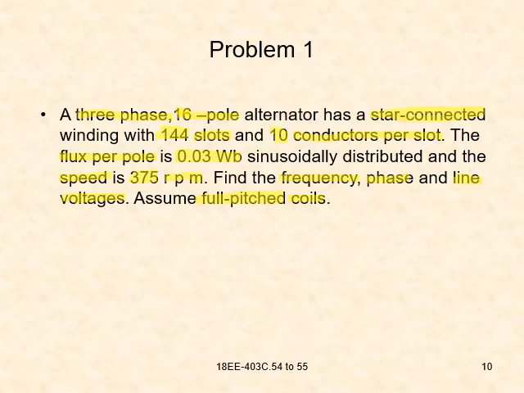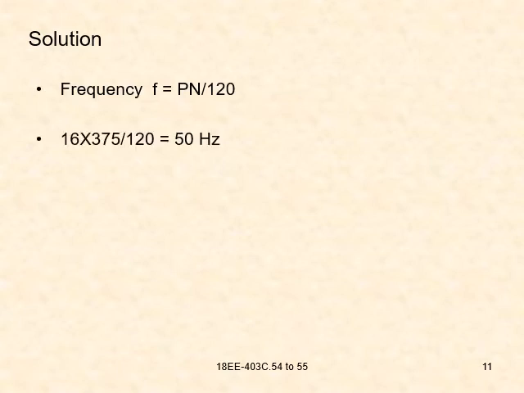So we'll see the problem. Coming to the solution, we know that the formula for frequency is f is equal to Pn by 120. We have the number of poles 16 into the speed 375 by 120, which gives us 50 hertz.